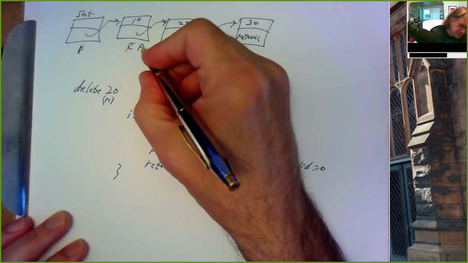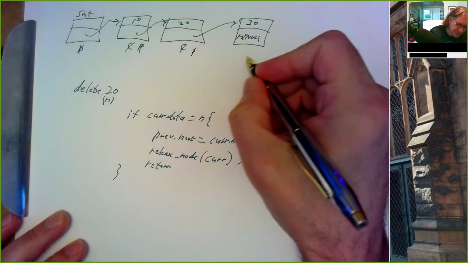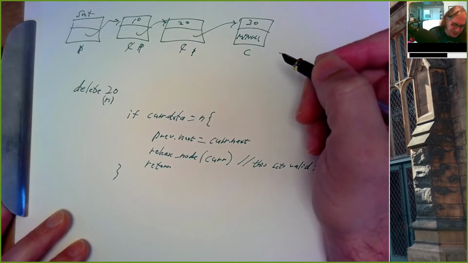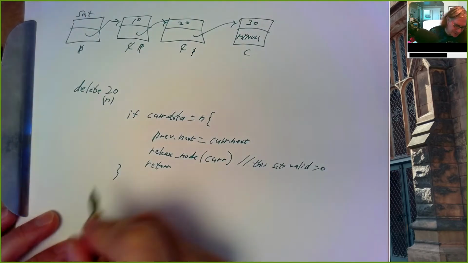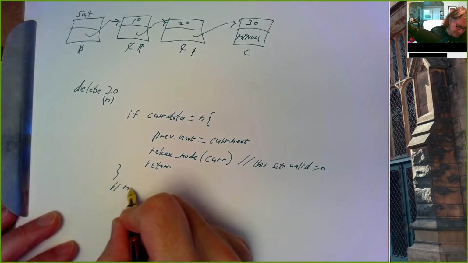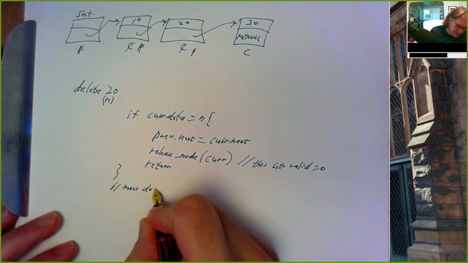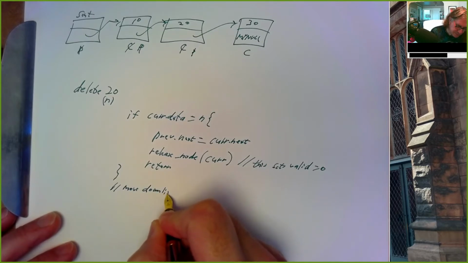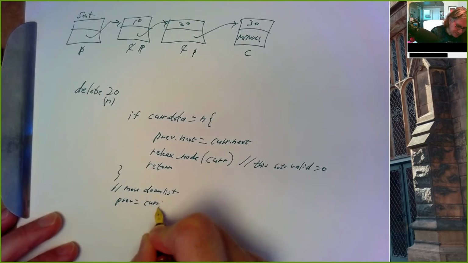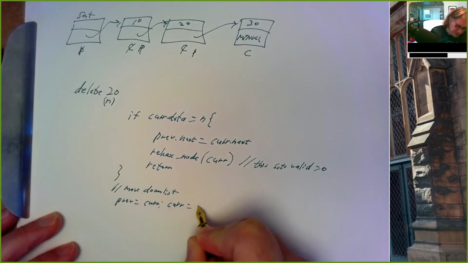We would get to the point where this was previous and this was current, right? And well, let's move down the list first, right? So if this is not the node we want to delete, move down the list. So set previous equal to current, and set current equal to current next.